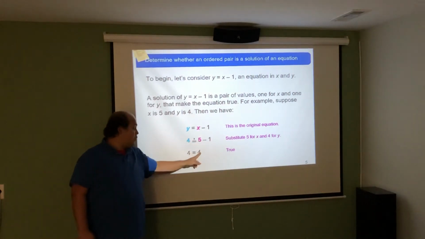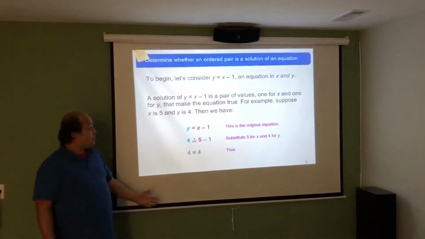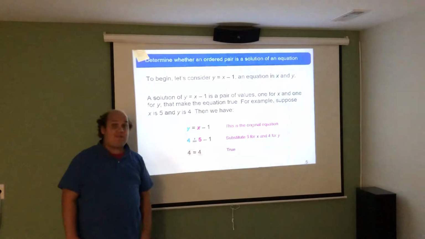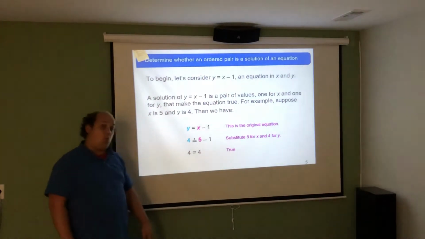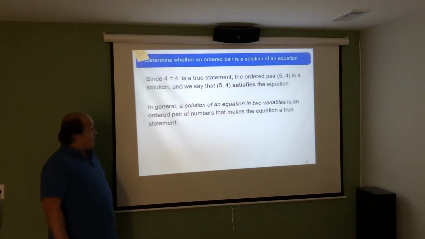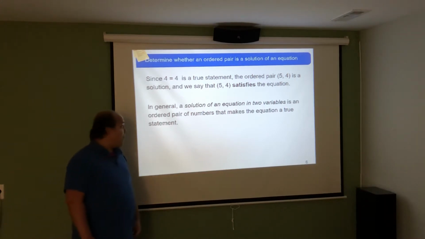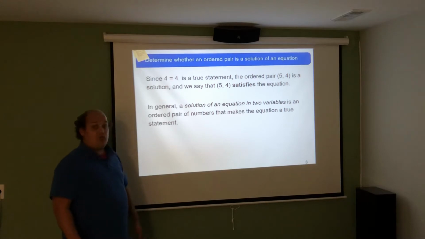Because 5 minus 1 does equal 4, we end with a true statement, which proves that the ordered pair (5, 4) is a solution to y equals x minus 1. Another way of saying it is that (5, 4) satisfies the equation. In general, a solution of an equation in two variables is an ordered pair of numbers that makes the equation a true statement.